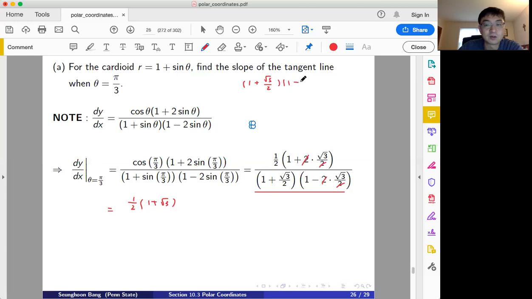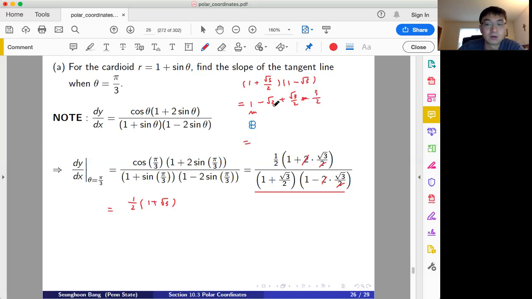1 minus root 3. You have to use the FOIL rule. 1 times 1 is 1. 1 times minus root 3 is negative root 3. The plus root 3 over 2 times 1 is positive root 3 over 2. The root 3 over 2 times minus root 3 is negative 3 over 2.